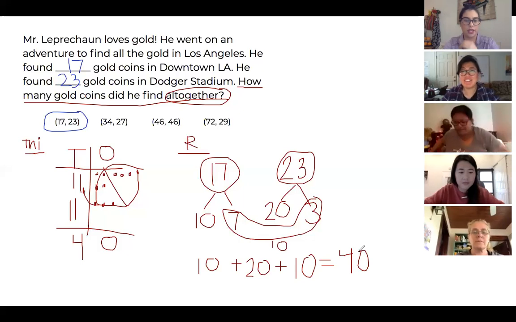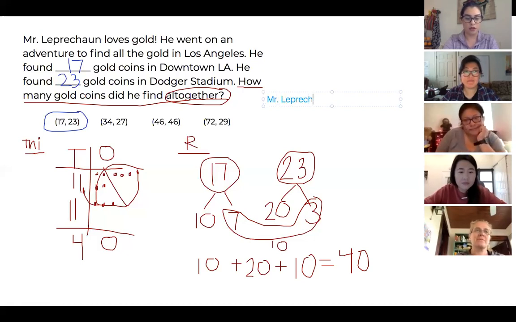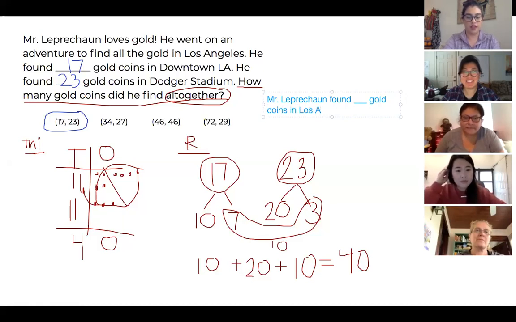So, ladies and gentlemen, boys and girls, how can we say how many gold coins Mr. Leprechaun found? So let's see. Let's use a sentence frame. Mr. Leprechaun found gold coins in Los Angeles.